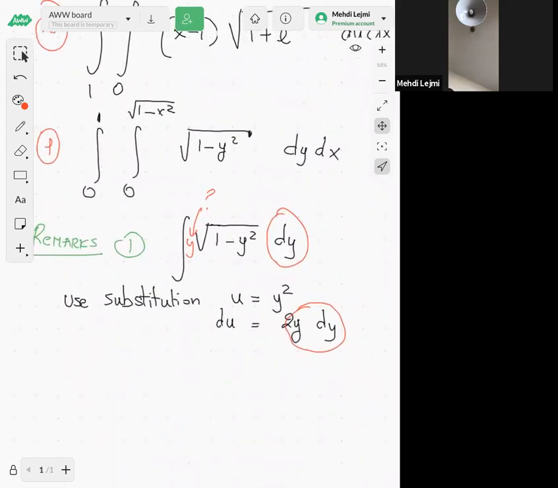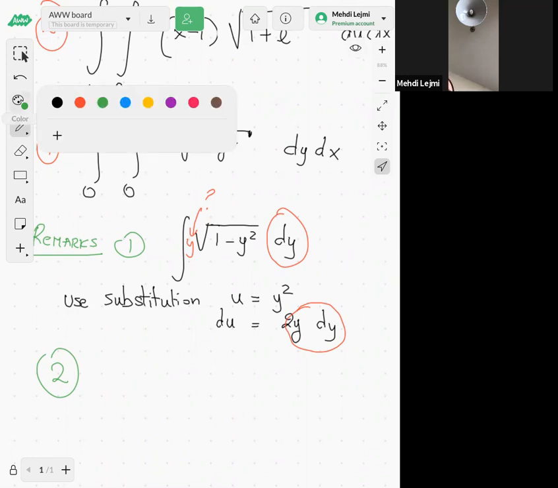integration, right? So now I'm gonna change the order of integration, but before that, I'm gonna sketch my region D. So when I change the order of integration, I wanna make sure that my bounds are correct, right? So what's my region D in this exercise? Well, in this problem, I have my x.